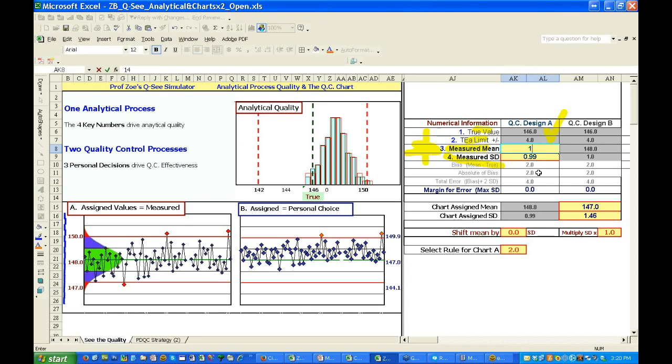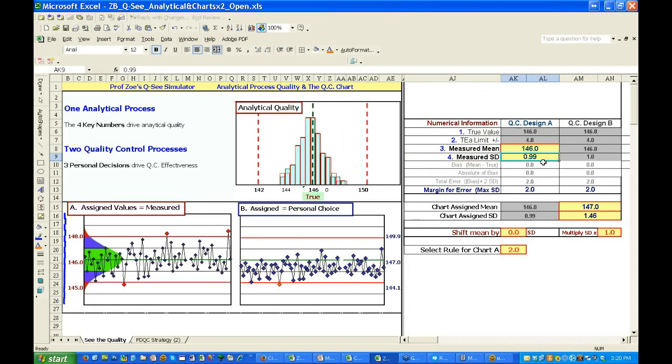Great. So I can go in and I'm going to recalibrate or change my reagent lot or call for service, and I'm going to bring that mean back to 146. So it's these numbers. So I can reduce the bias. Now I've brought my margin for error all the way back up to 2, which is still not good.